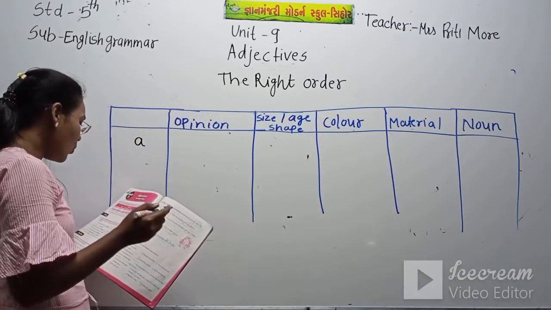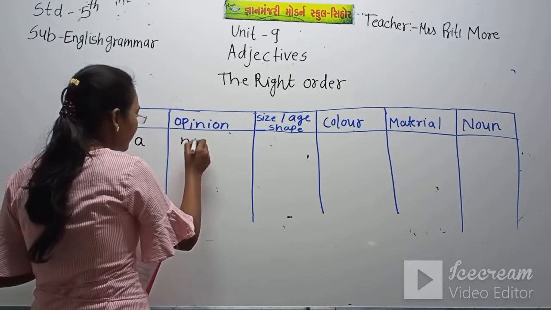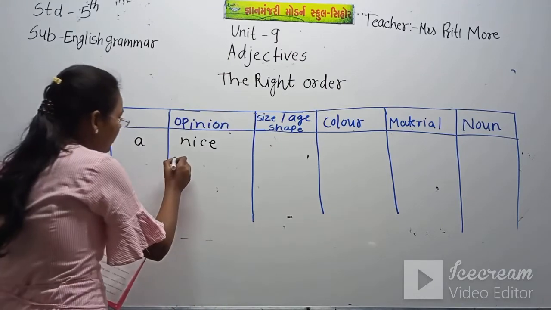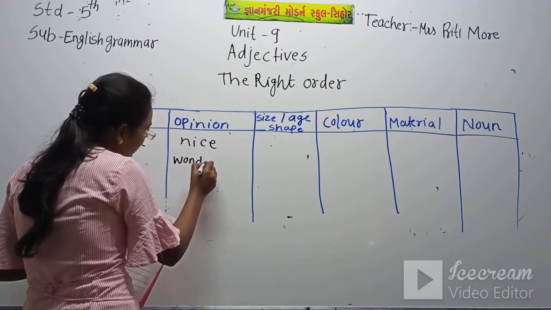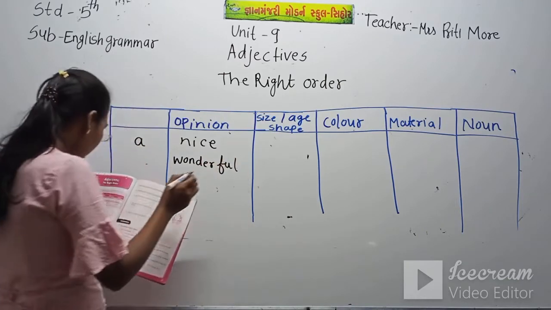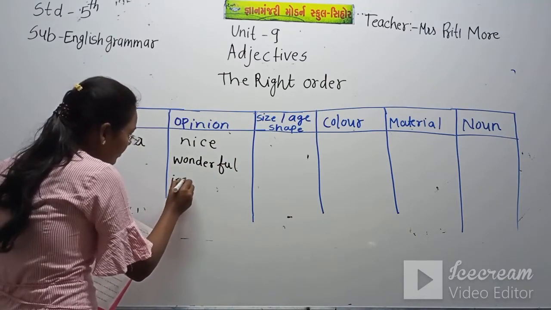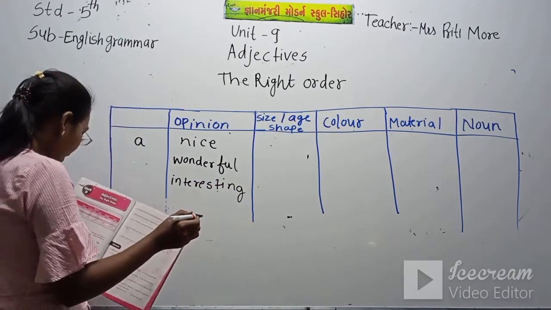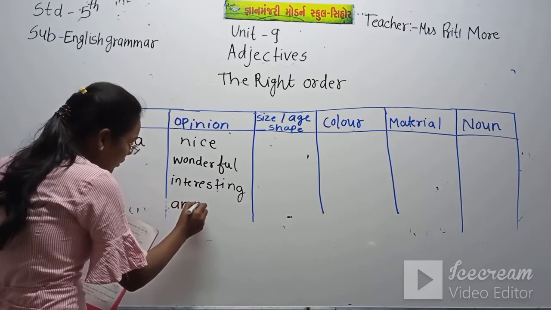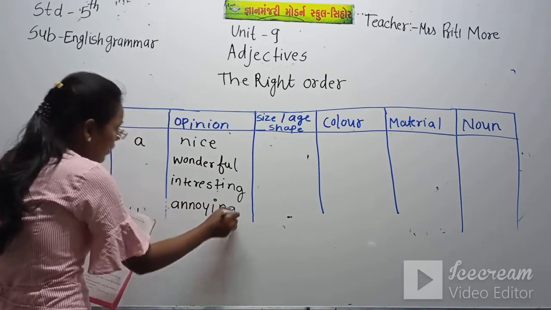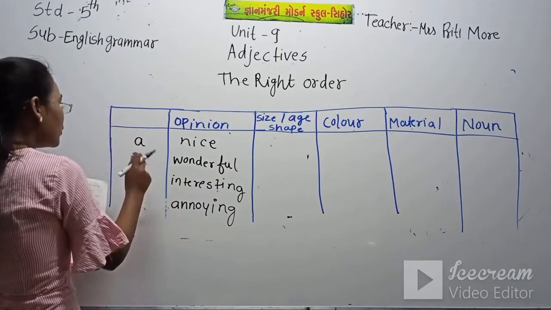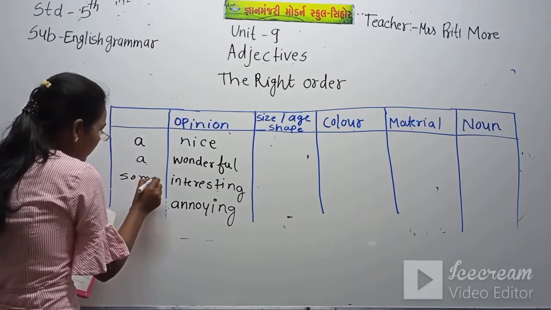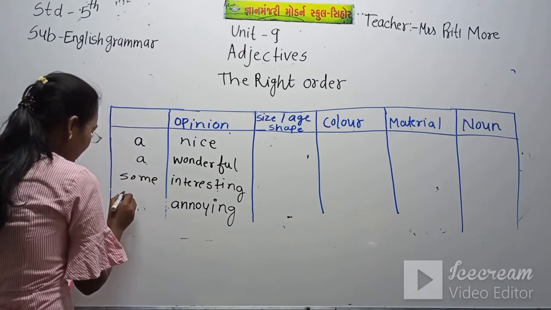In the opinion, what will come there? Nice, wonderful, interesting, annoying, and here a wonderful, a nice, some interesting, this annoying.